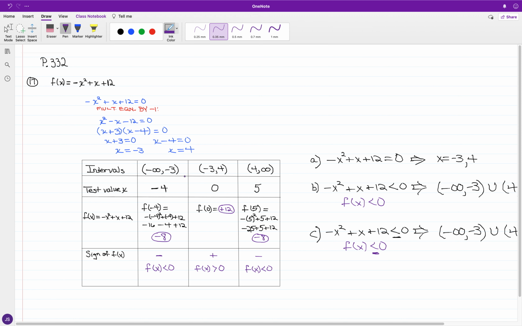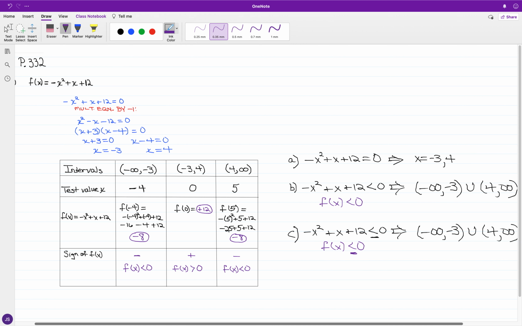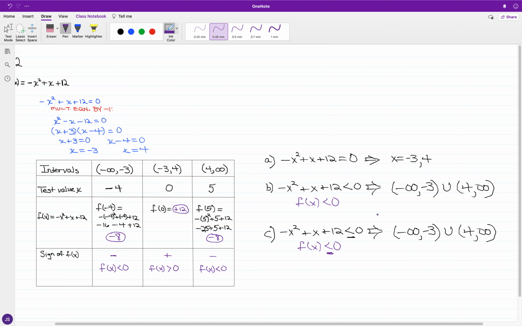So we're applying the same limits, but we'll be inclusive of the zeros involved, namely -3 and 4, which create the equal to 0 dynamic. So the difference between less than or equal to 0 and less than 0 is that -3 and 4 will be enclosed in the brackets.